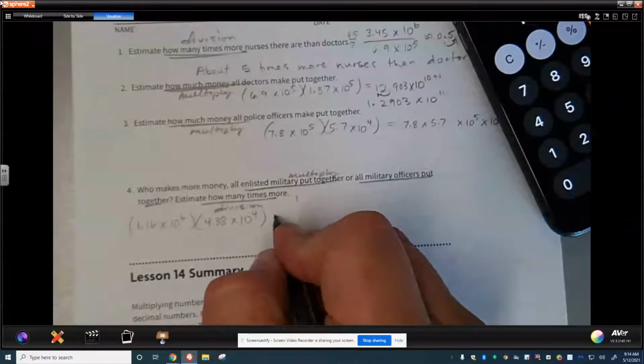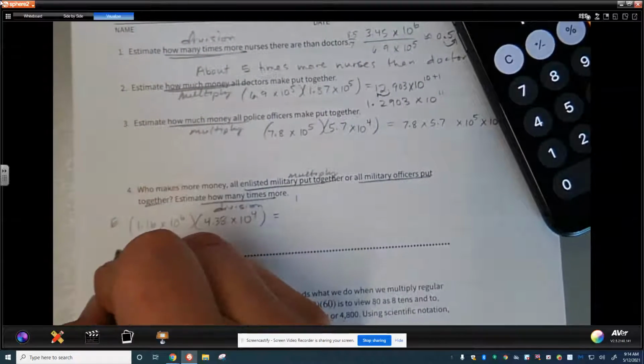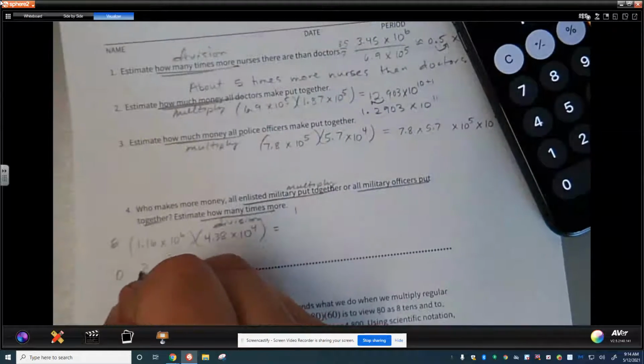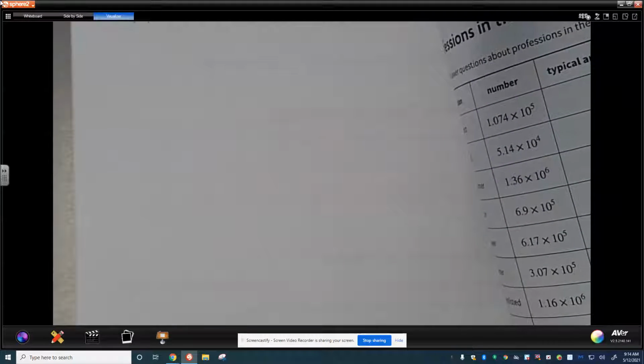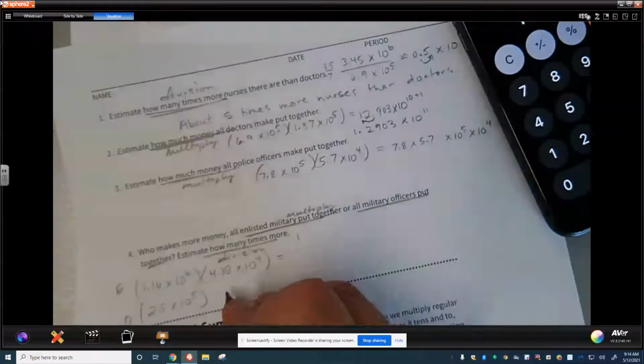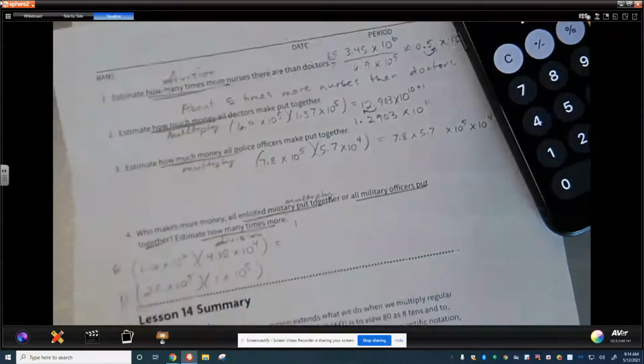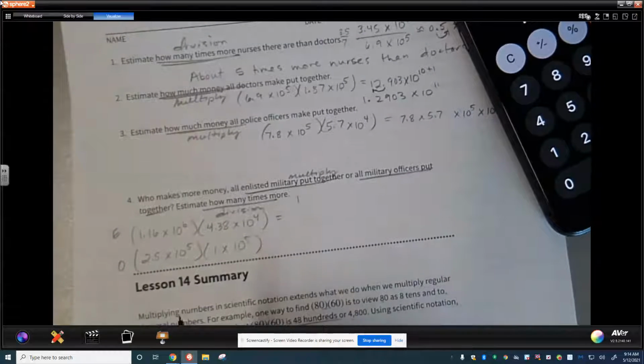And then I want to compare that. This is enlisted and this is officers, to the officers, fewer officers, and then their salary, about $100,000.